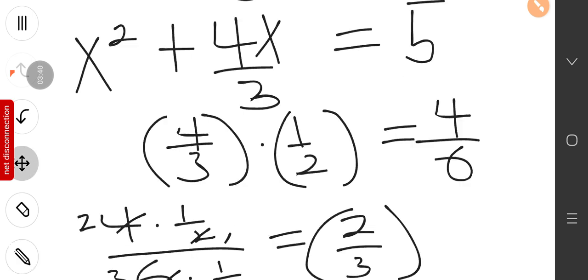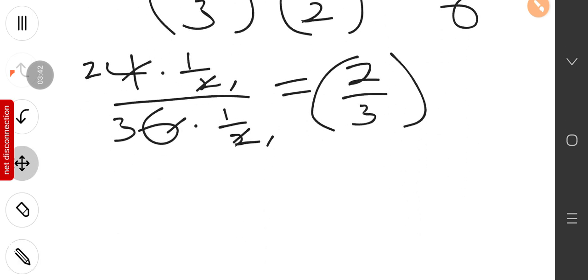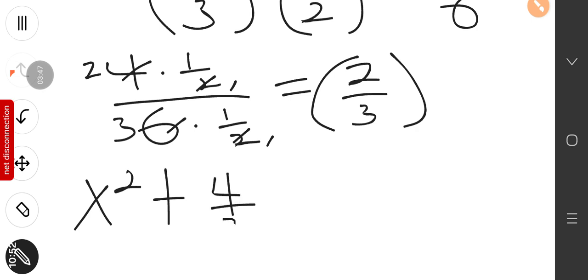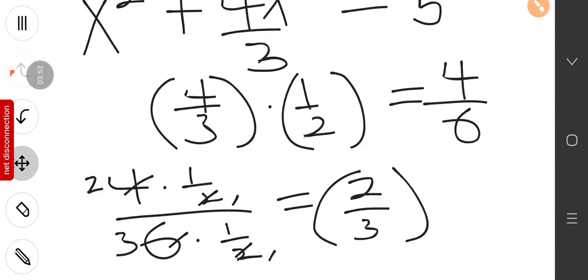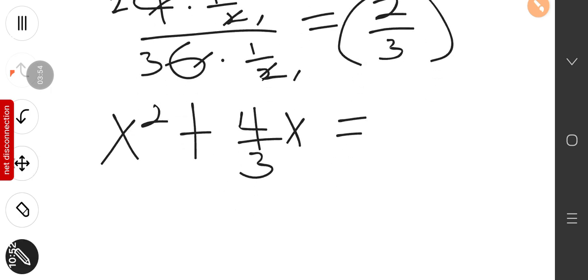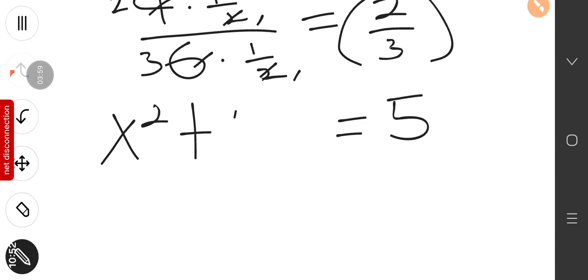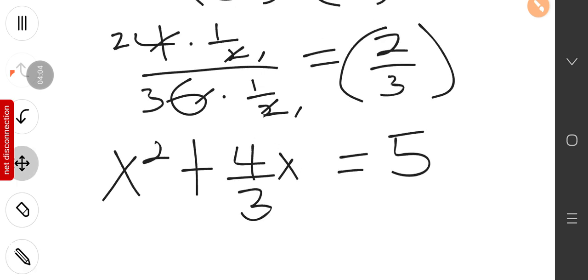So let's go back to our equation. So we have x squared plus 4 over 3x equals 5. Let me write this well. Now we are going to square 2 over 3. We are going to square all of it and then add it to the left part, and then add it also to the right part as well.